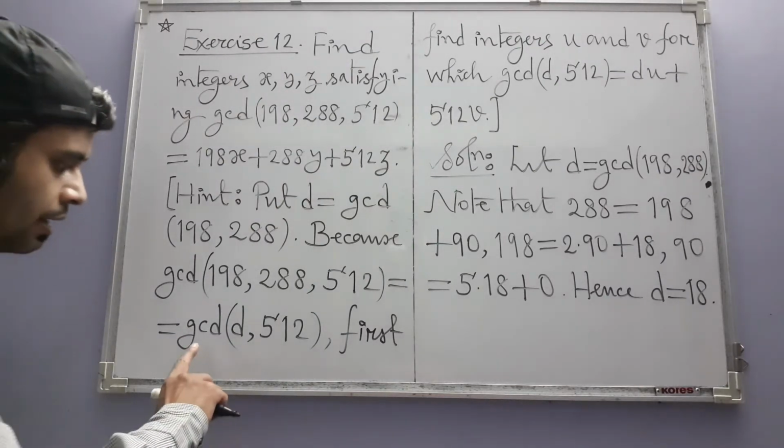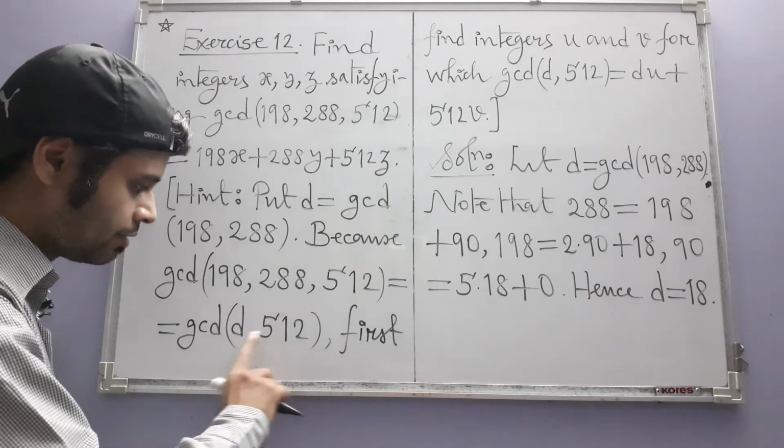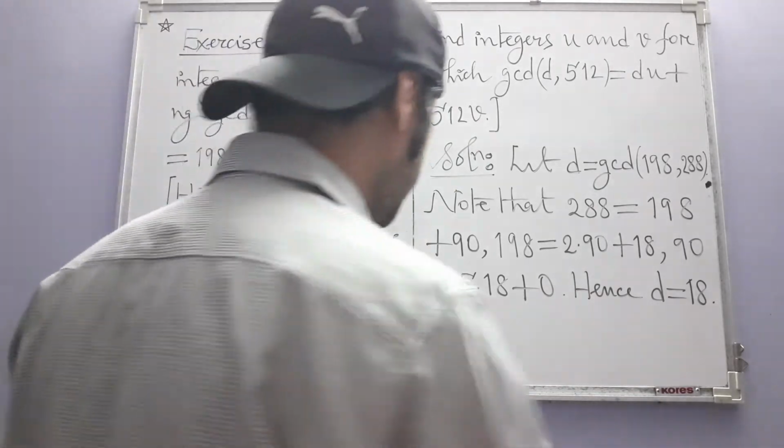But then we are now next going to find the GCD of D and 512.